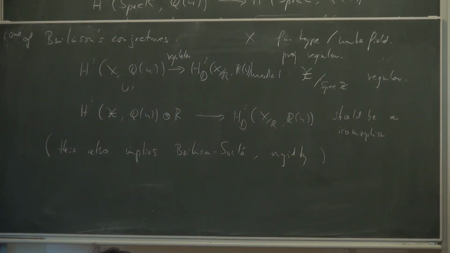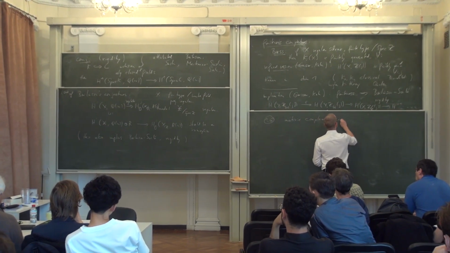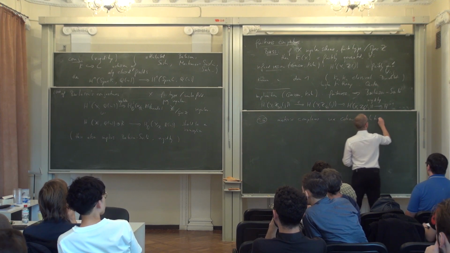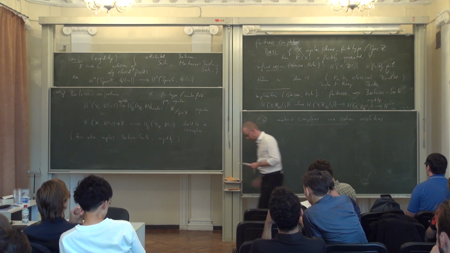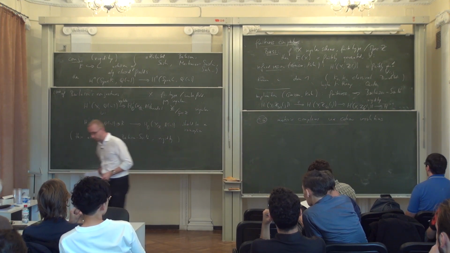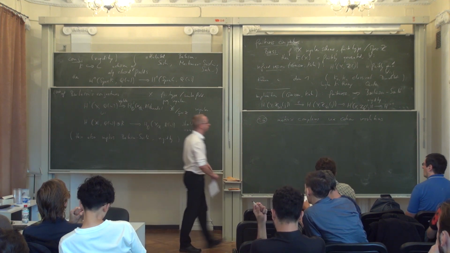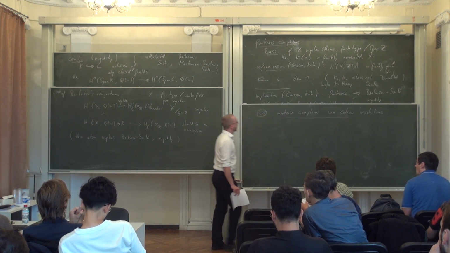Okay, so what's the next step? Motivic complexes via cobar resolutions. So I want to explain how, conjecturally, motivic complexes, so complexes computing motivic cohomology, would look.